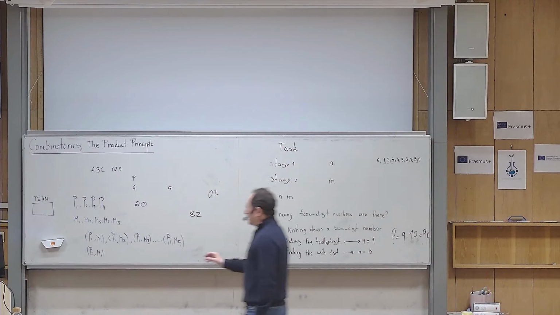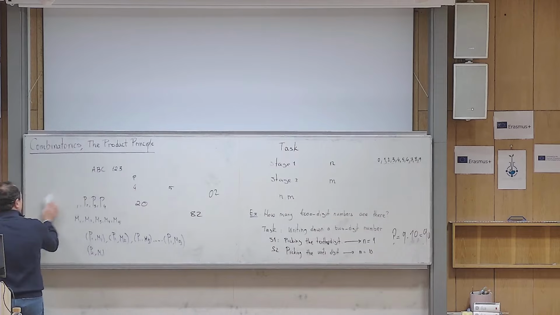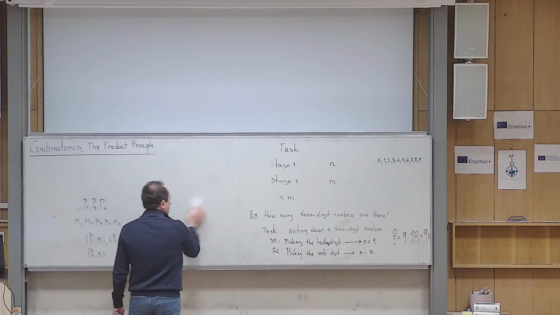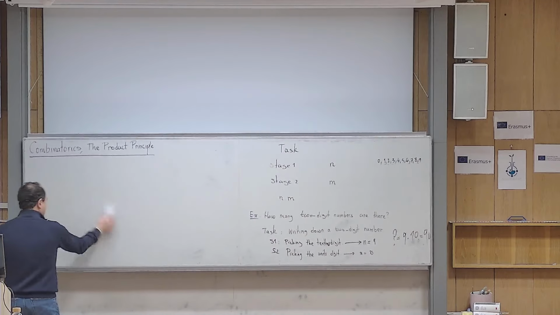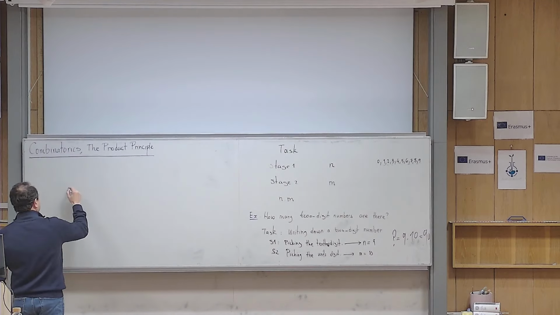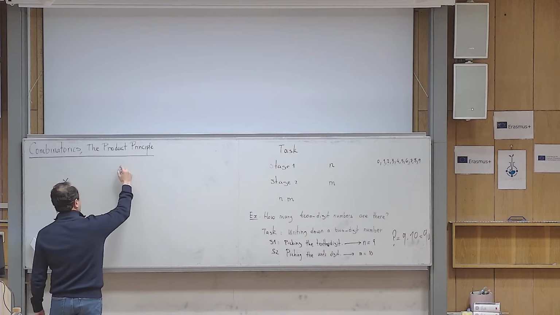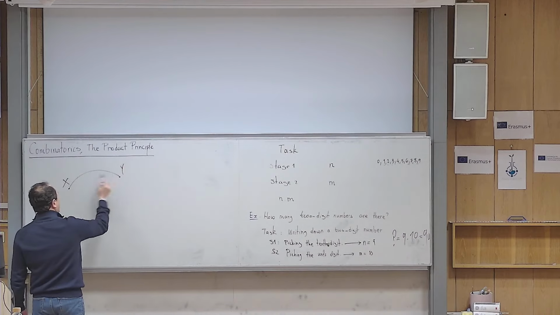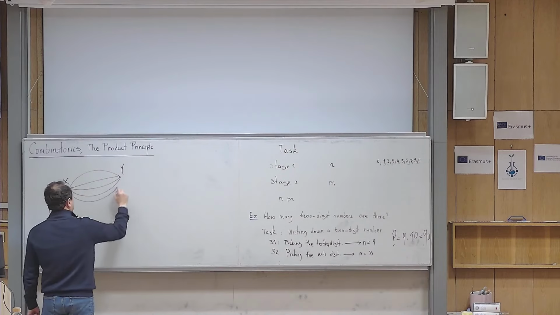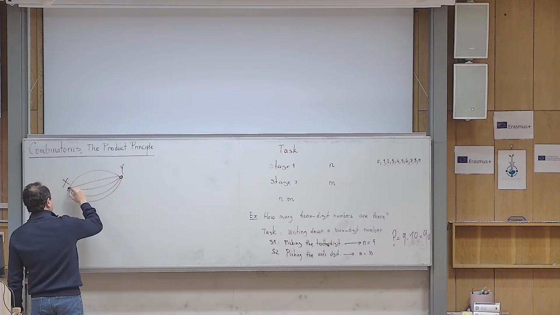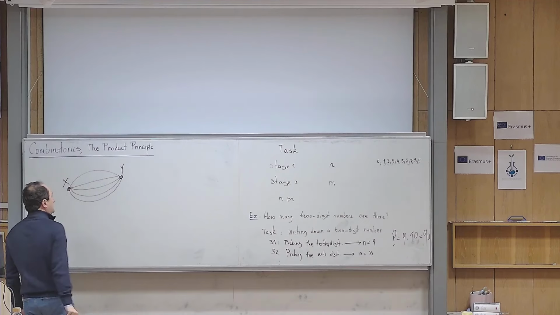So let me give you an example to understand this a little bit better. Let us say that I have two cities, city X and city Y, and I have 5 roads connecting them. All of them are two-way roads.